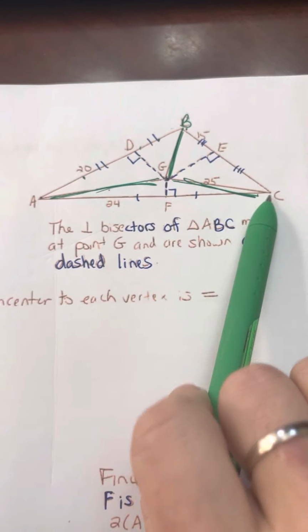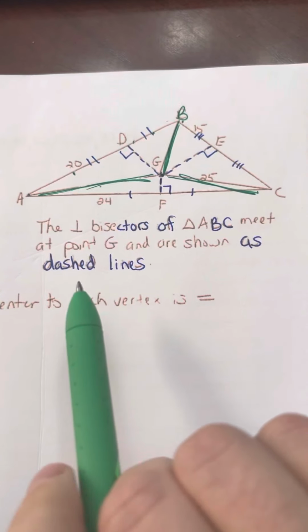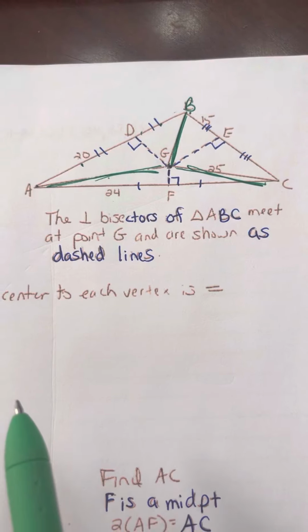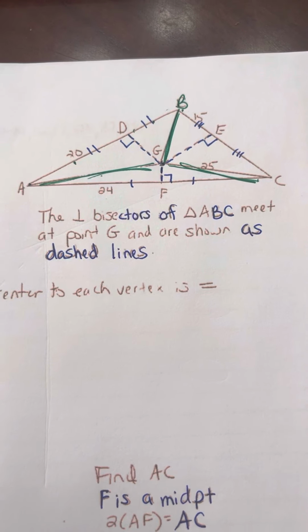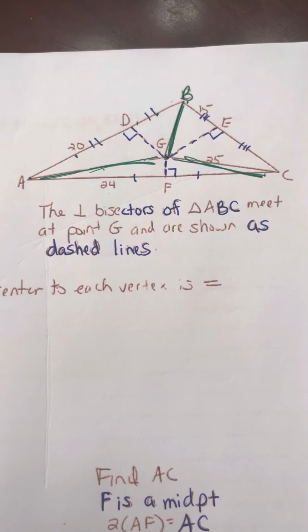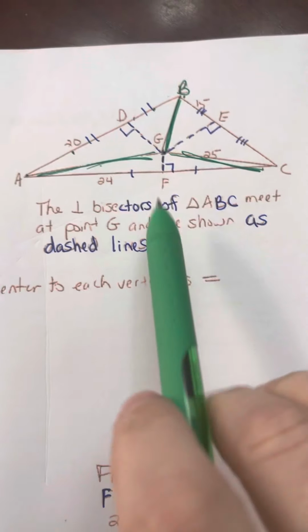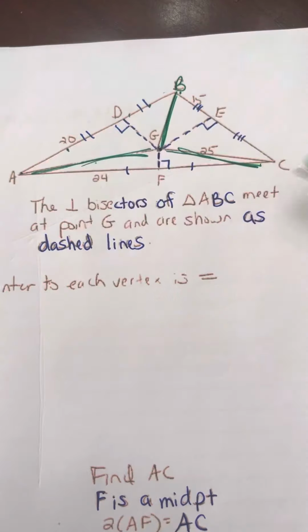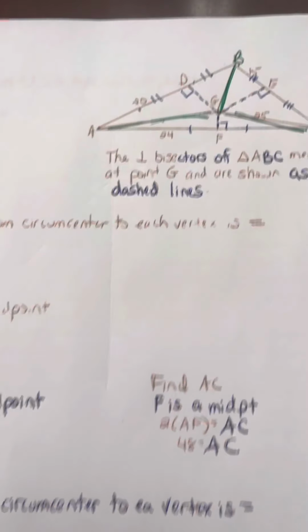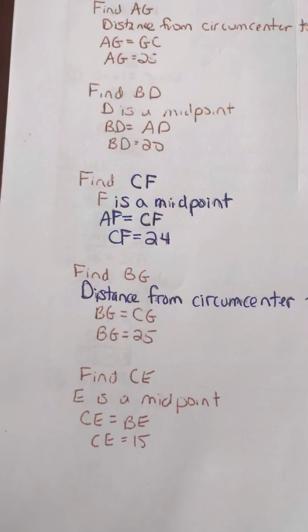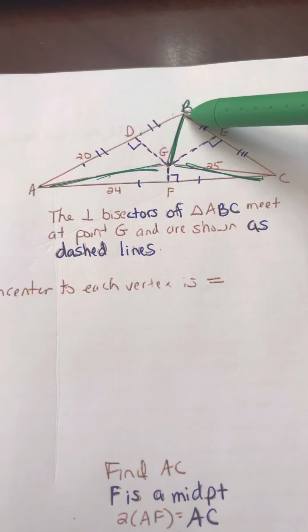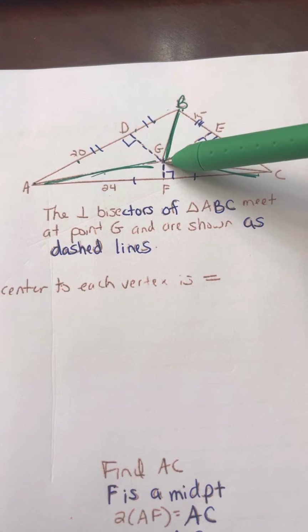As always, guys, I caution you not to just assume and slap answers in there. Make sure you're understanding what you're doing and why, because there's going to be very similar problems in other triangle centers and you'll get confused very quickly. So again, circumcenter is the meeting point of perpendicular bisectors, equal distance to each vertex. That's what you need to know for today. Find BG. So BG is from a vertex to the circumcenter.